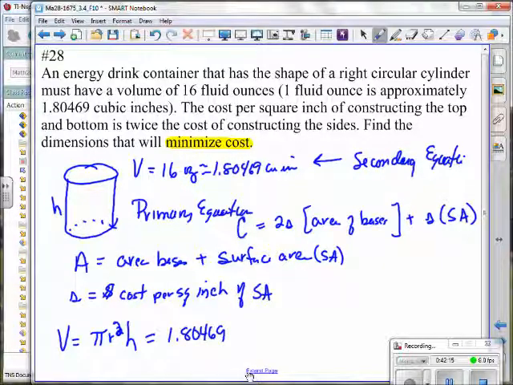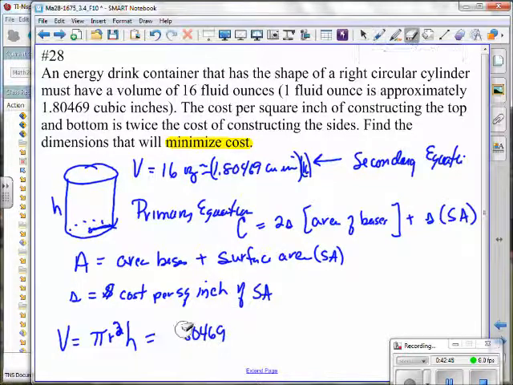It's also 1.80469 cubic inches. Did I misread that? Oh, 1 fluid ounce. Oh my goodness, yes. So this has to be 16 ounces. So this actually has to be multiplied times 16. Okay. So this would be, well, wait a minute.